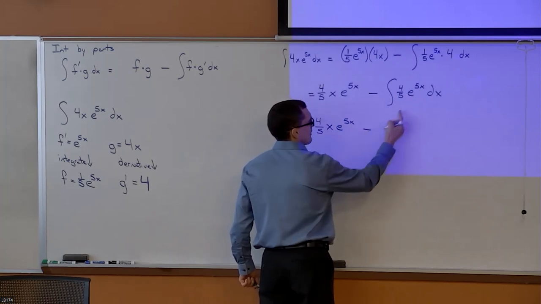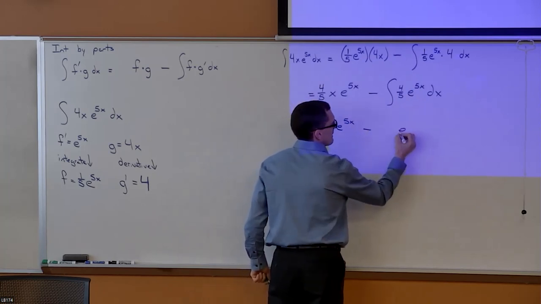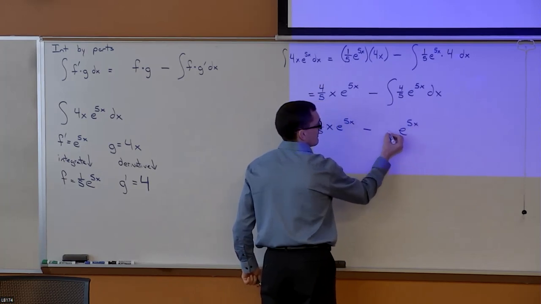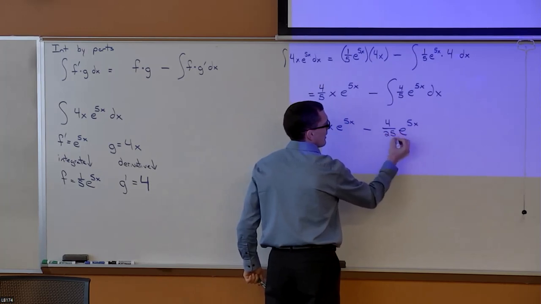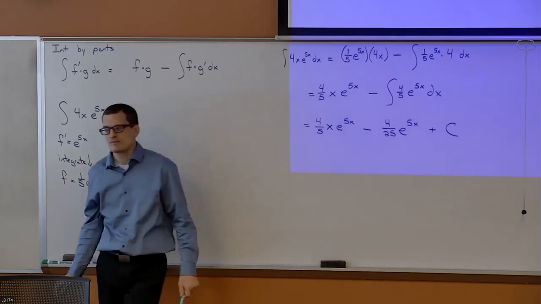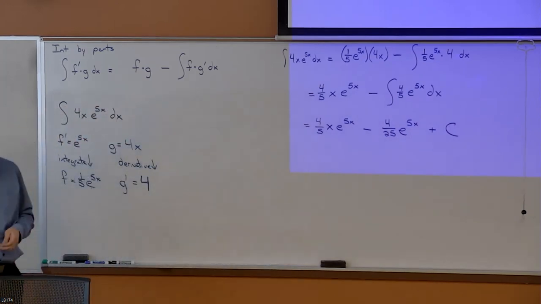In particular, this e to the 5x is going to be e to the 5x, and then I would divide by 5. Dividing by 5 gives me a coefficient of 4/25. 5 times 5 is 25.